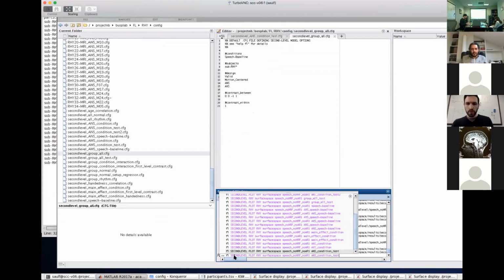Wait, this should be the same as, sorry, say that one more time. So remember when you had another design that was valid, motion, center, and AWS, and you were using a 001 contrast, and we thought initially that was looking at the average of the group, and now it was actually looking at the difference between the two groups. That difference is exactly the same as what you are looking at in this analysis. Okay, but the valid doesn't need to be specified as a 1 in this case?